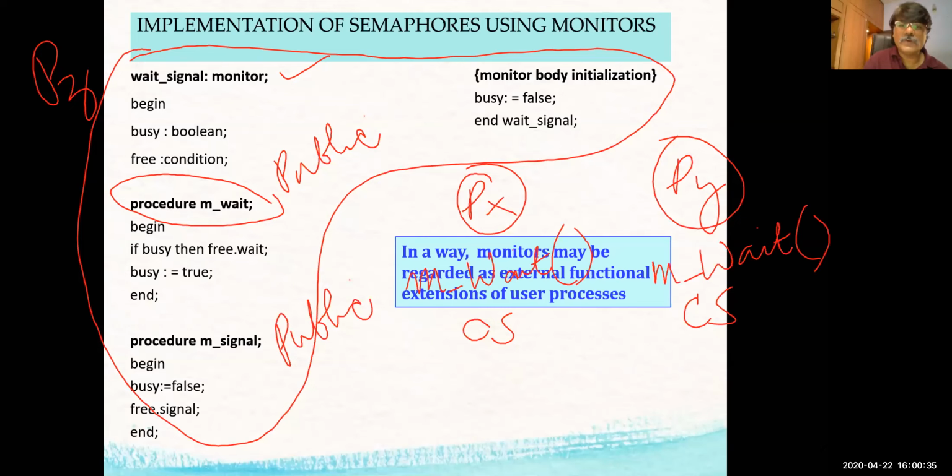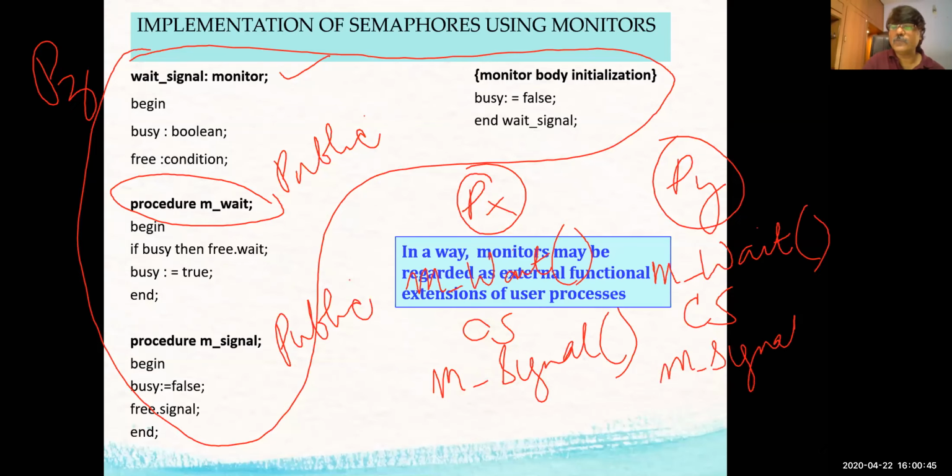After process X comes out of the critical section, it should invoke the function msignal, which is again a public function belonging to the monitor. Similarly msignal is invoked by process Y. So the critical section of PX is enclosed by mwait and msignal, and the critical section of PY is enclosed by mwait and msignal.